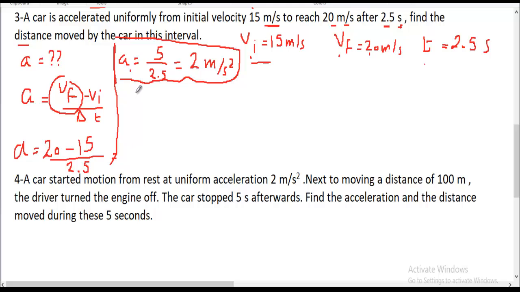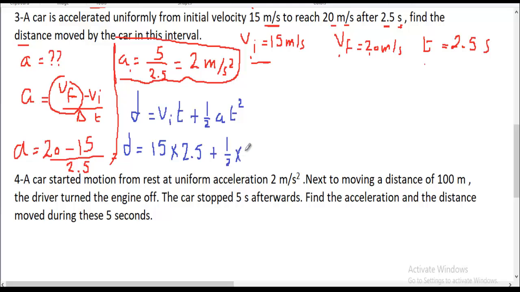If we use the second equation, d equals Vi t plus half a t squared. Let's substitute. d equals Vi, 15, times t, which is 2.5, plus half, acceleration is 2, time is 2.5 squared.